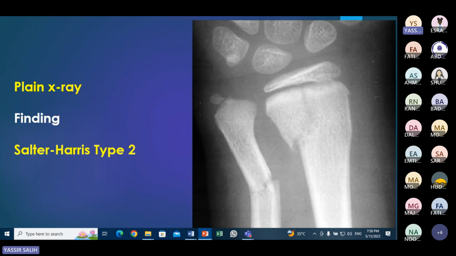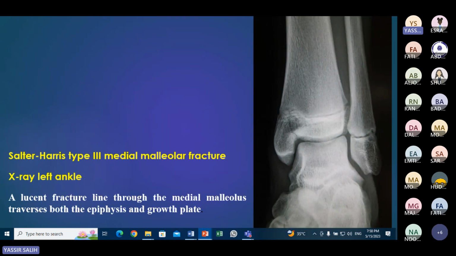How to classify this fracture according to the Salter-Harris classification? Which type is this? Type 2. Why type 2? Because it includes metaphysis and physis. Yes. What is this Salter-Harris type? Type 3, because it's epiphysis and physis.